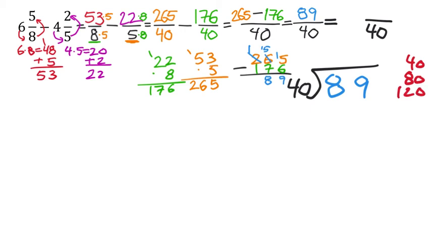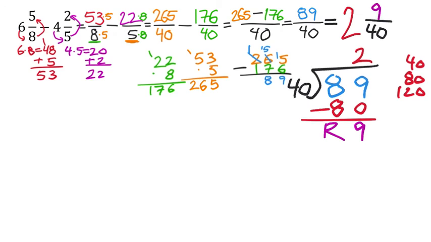It goes into 89 two times. 2 times 40, we can see there's the second multiple, 80. When I subtract this, I get a remainder of 9. So the quotient is 2. That's our whole value of the mixed number. And the remainder 9 is the numerator. 2 and 9/40. I see 9 is divisible by 3, but 40 is not. So that is fully simplified, just like we thought it would be. And we end up with 2 and 9/40.